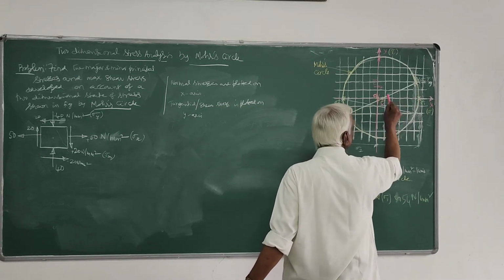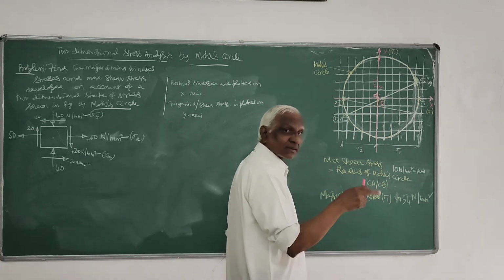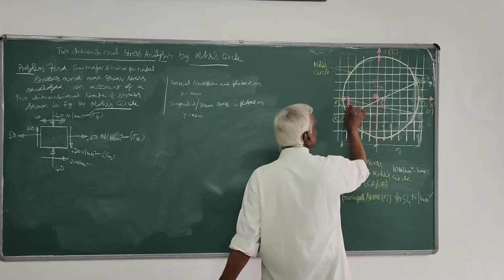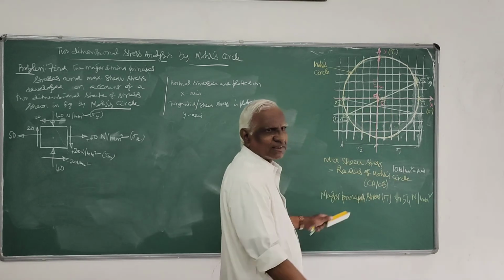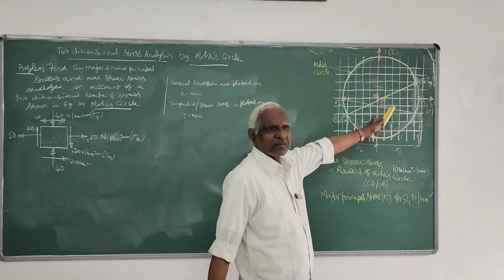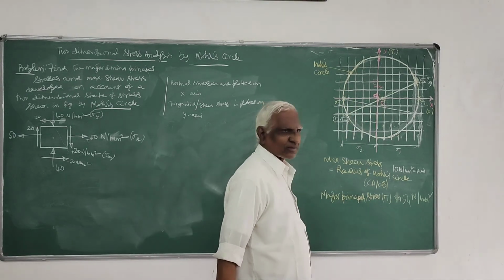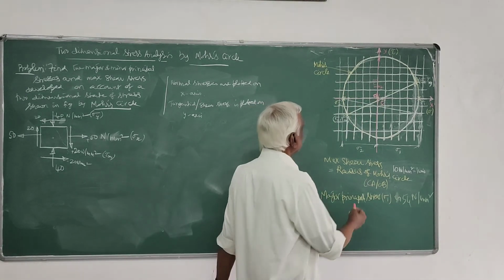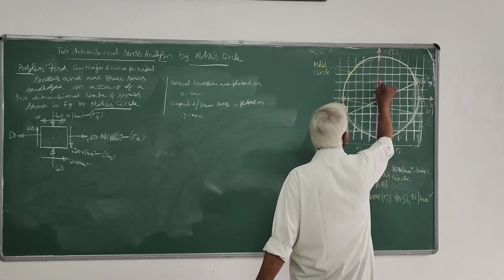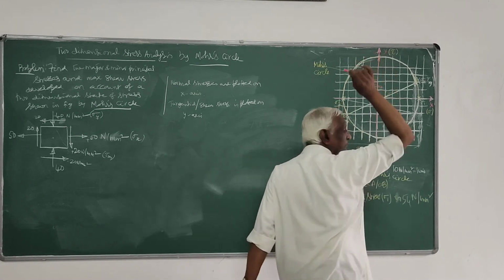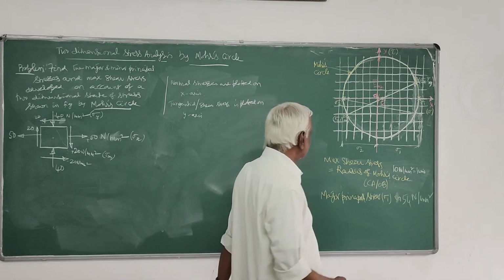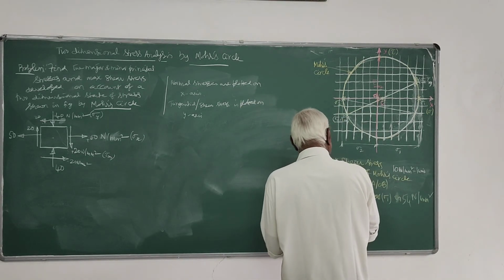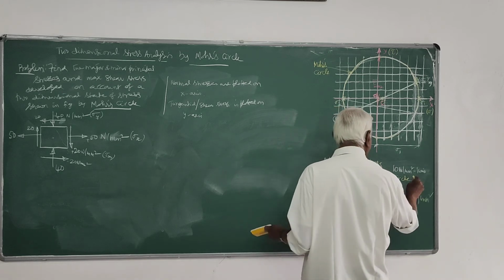This is sigma 1, this is sigma 2, and half of the sum, sigma 1 plus sigma 2 by 2, is the center of the Mohr circle, 51.5. So the maximum shear stress here is 51.5.